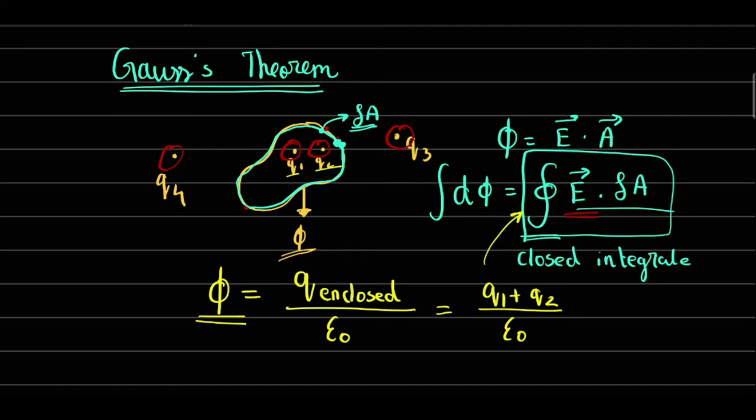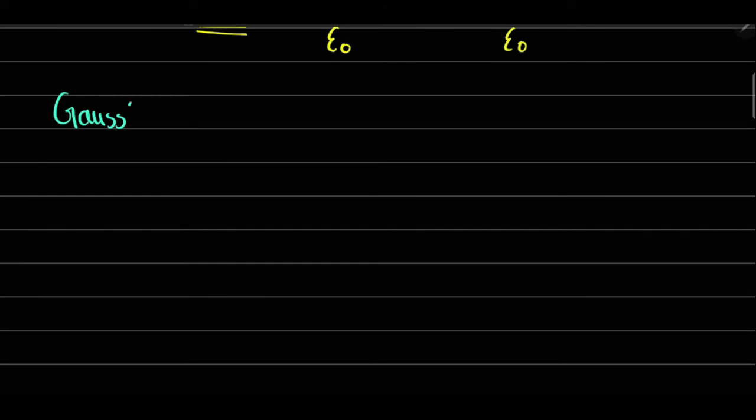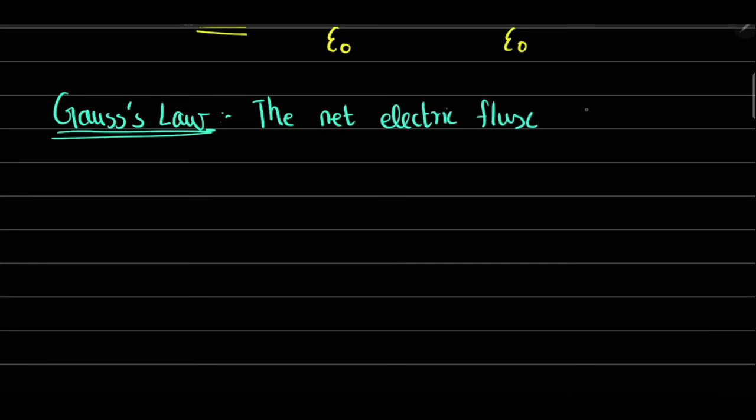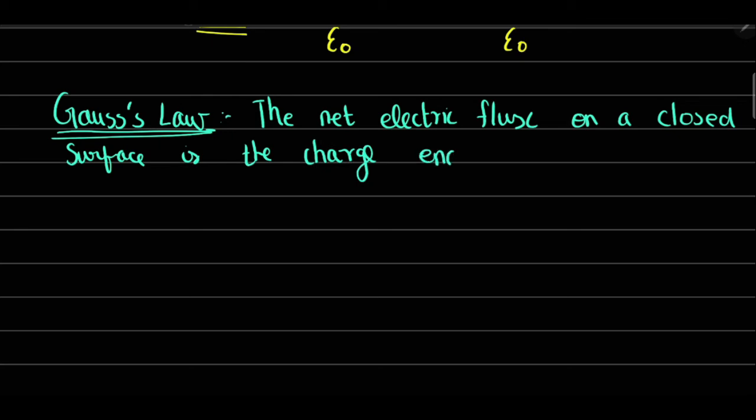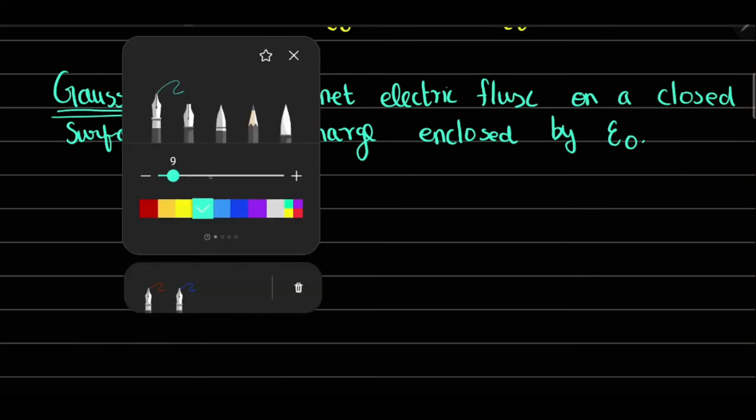So let us write the formal definition of Gauss law below. Gauss law is nothing but the net electric flux on a closed surface is the charge enclosed by epsilon naught. So that is the written statement of Gauss law. Now let us write the formula.